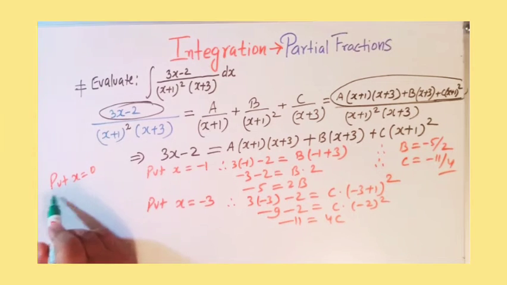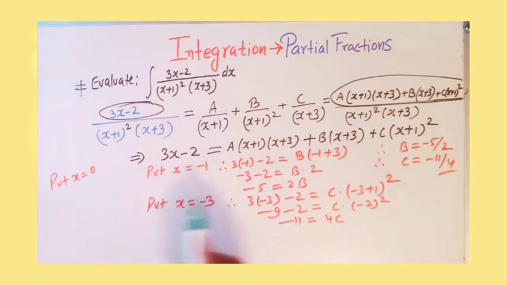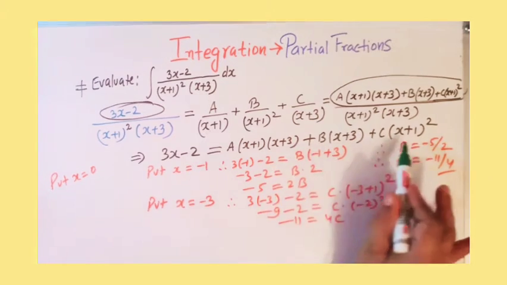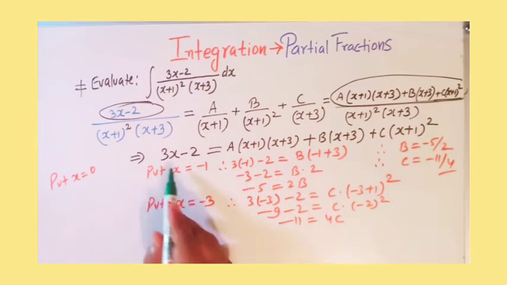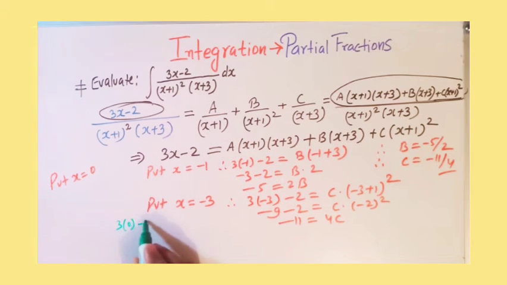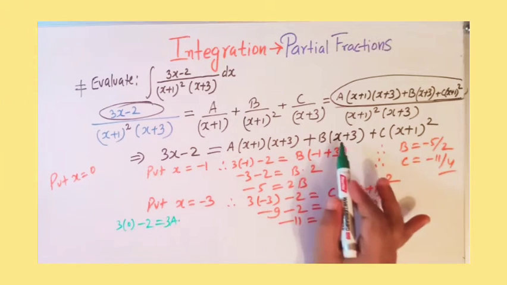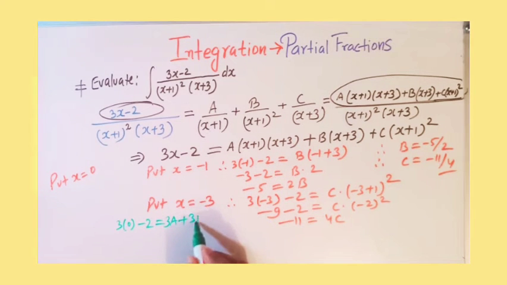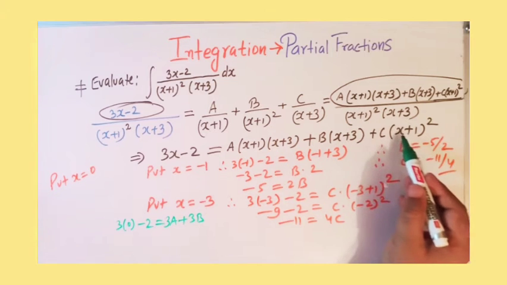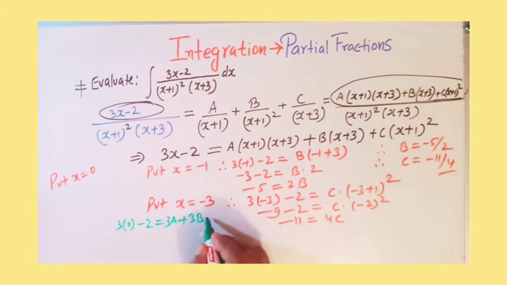Now here we have taken x equal to 0 because x equal to 0 is the simplest value here. So if we substitute here, we get 3 times 0 minus 2 is equal to a times (0 plus 1), 0 plus 1 is 1, 0 plus 3 is 3, so 3 ones are 3, so we have 3a, and here we have 3b, and here we have c, 0 plus 1 is 1, 1 square is 1, so we have plus c.